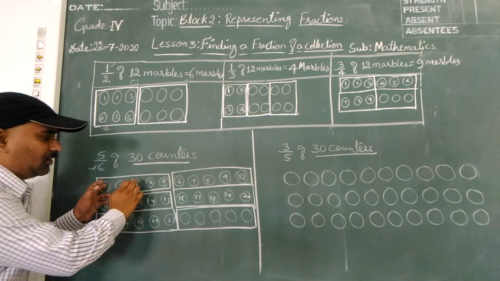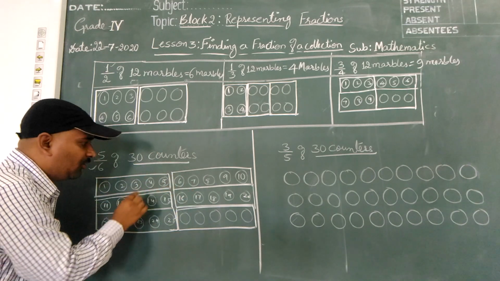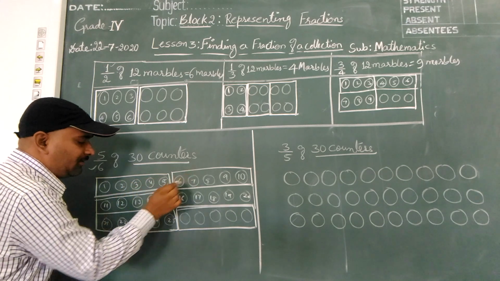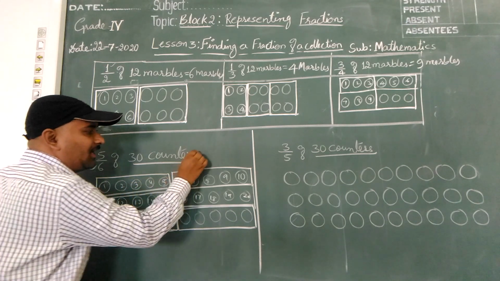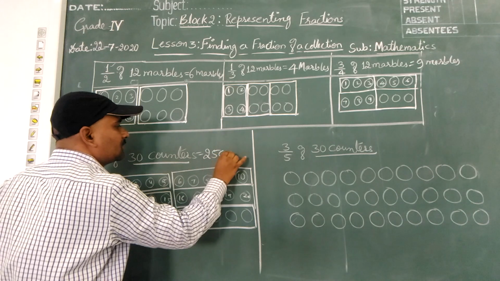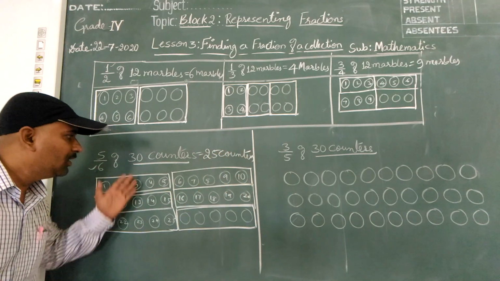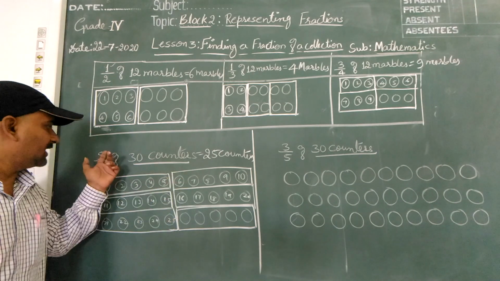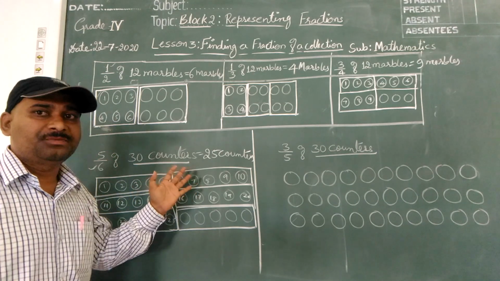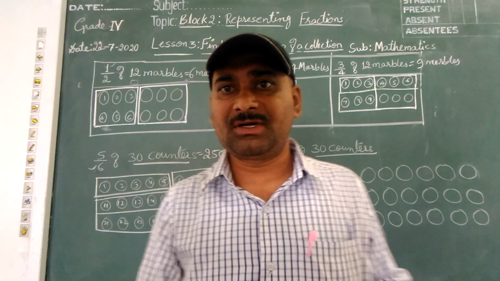So I should select only 5 groups. How many are there? 5, 10, 15, 20, 25 counters. 25 counters. Make 6 groups, select 5 groups. 5 groups means 25 counters.